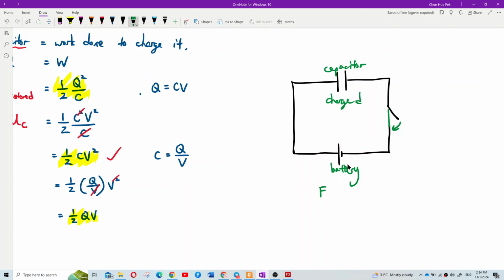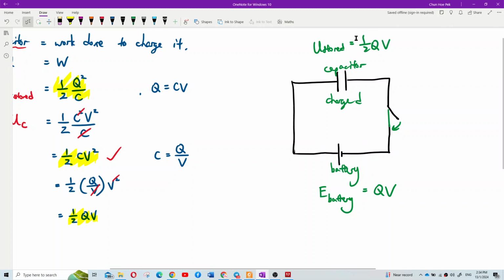Energy produced by the battery is QV, and energy stored in capacitor is half QV. So where is the rest of the half QV? Where does the other half of the energy go?